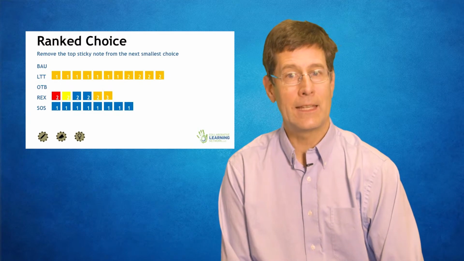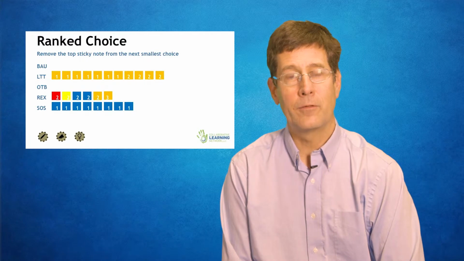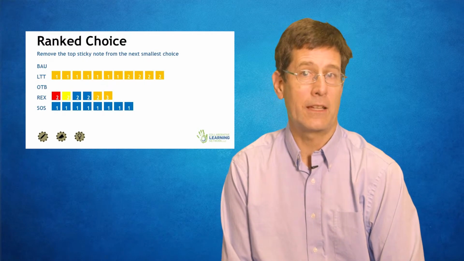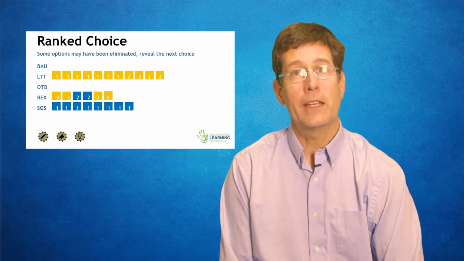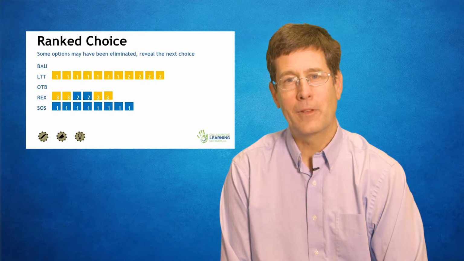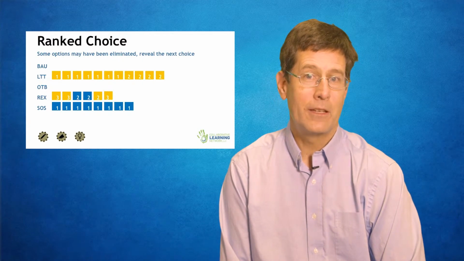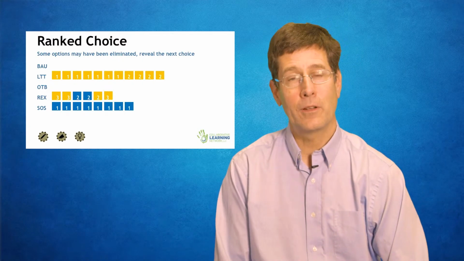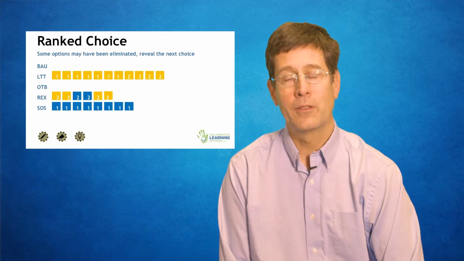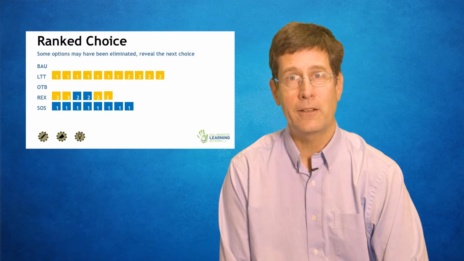We're still less than a simple majority have chosen that as their first or second option. So again, go through the process of what's the next least ranked option and pull off the cards. And at this point, you're likely to find quite a few variations. And so it's important to go down to the colors that still remain in play here.